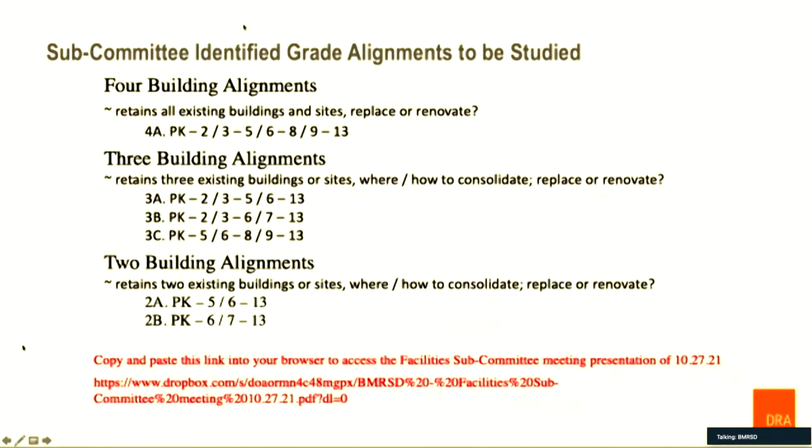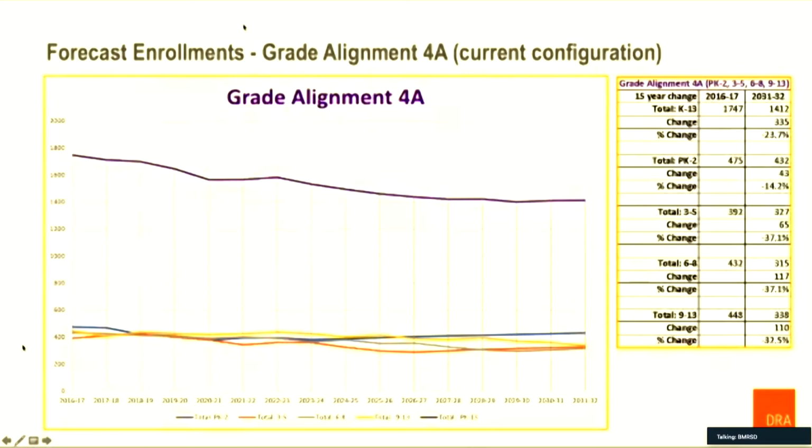So we take it as a baseline to see what we might be expecting as we move forward, and then down to a 2 building system just to see how we might best maximize enrollment and facilities. So these are enrollment charts, not projections of a full K through 12, but by grade alignment.